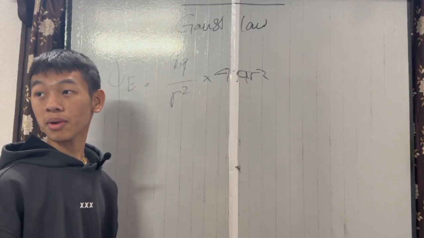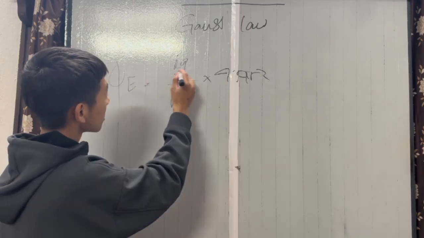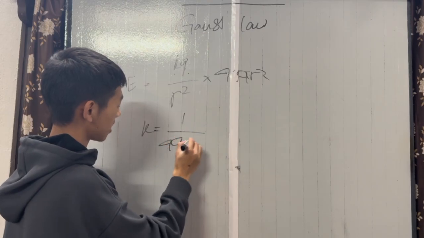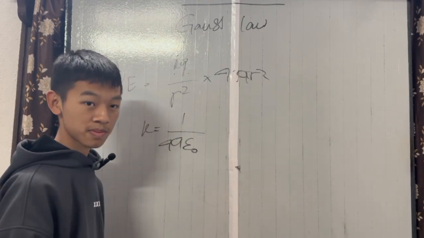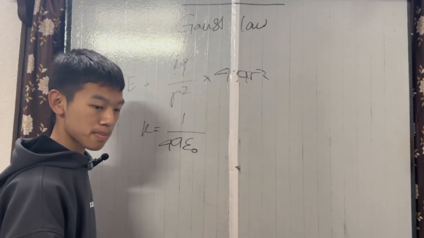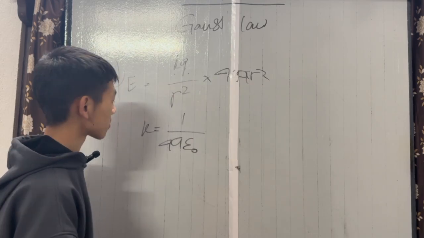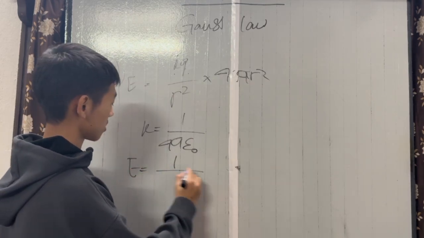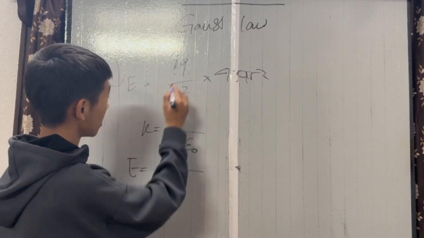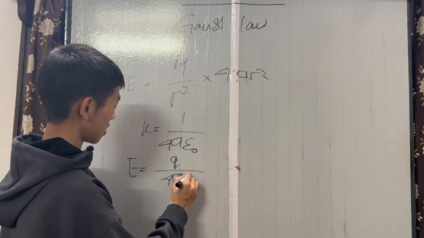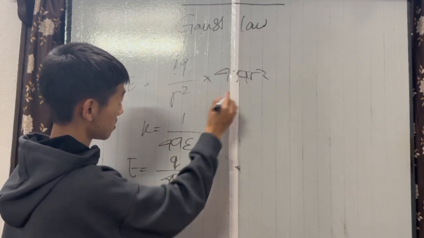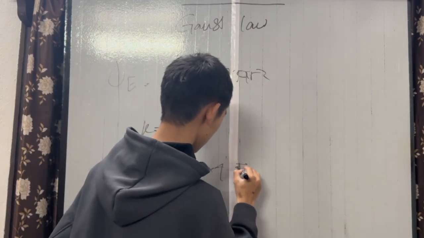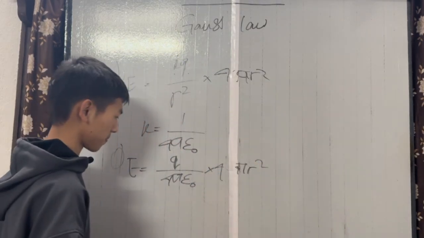K is equal to 1 by 4 pi epsilon naught. So we have Q by 4 pi epsilon naught times 4 pi R square.